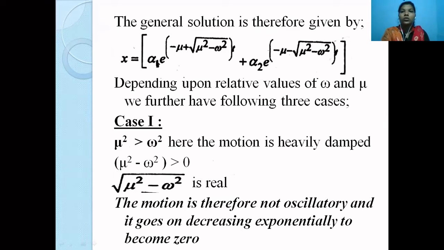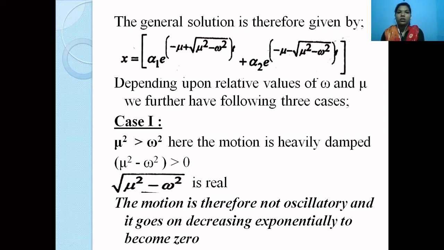So the most general solution in this case is going to be alpha 1 e raised to minus of mu plus root of mu square minus omega square into t, plus alpha 2 e raised to minus of mu minus square root of mu square minus omega square into t. So this is the general solution that we get for the assumption that I've made for this equation of motion.